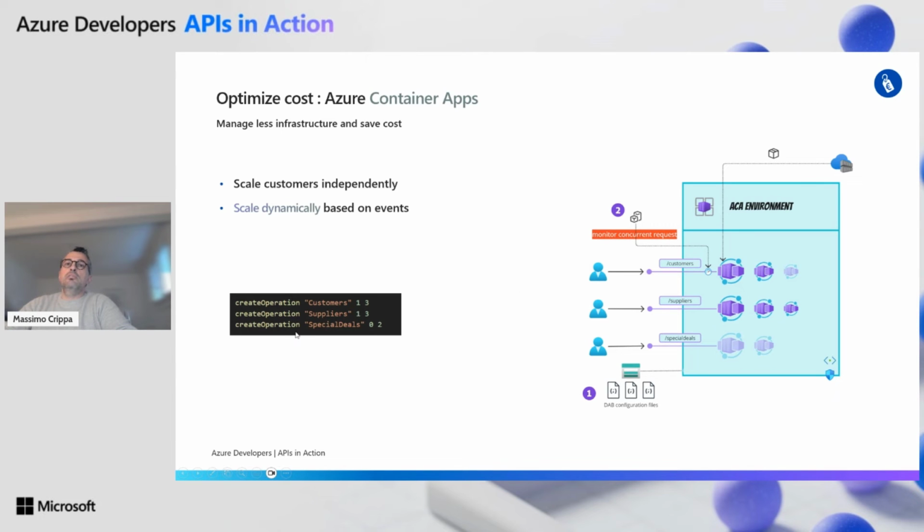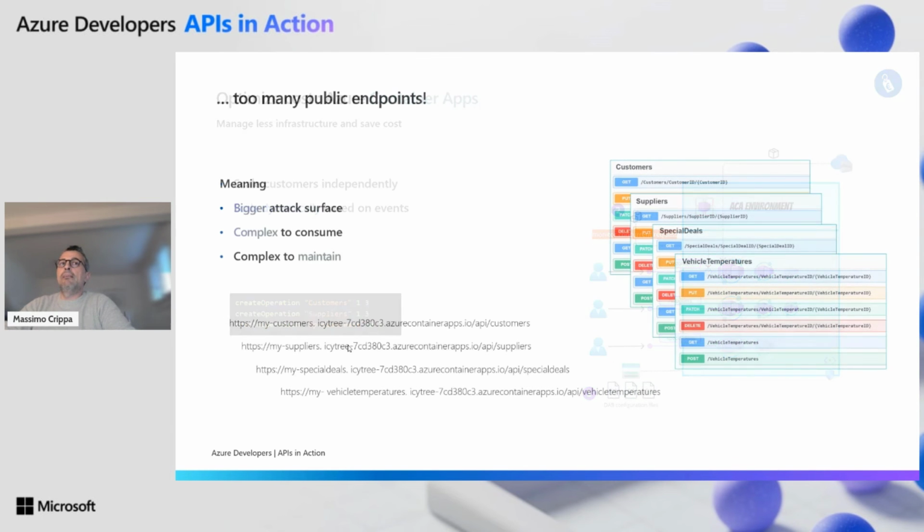And then I can decide that, for example, special deals are not used so much, so I can scale to 0. In this way, I can control the cost not only per view, but also per customer that uses a specific view. This is very simple because I'm using the same convention as before and just use a few parameters to decide how many endpoints I have.